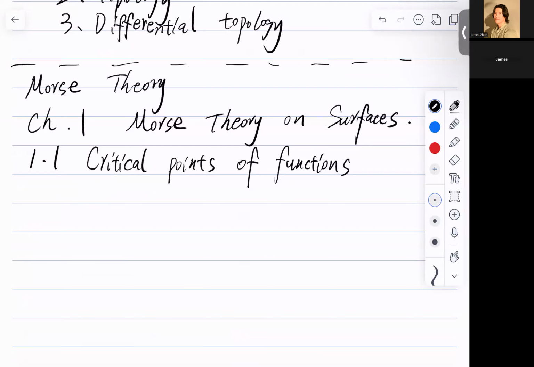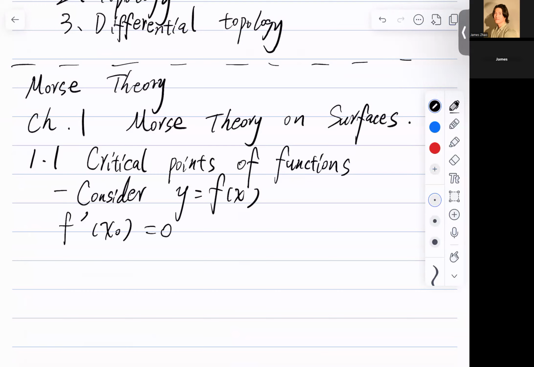Let's just look at a single variable function. So consider y equals f of x. And let's look at the derivative. If at some point x naught, the derivative of f equals 0, then it is a critical point.